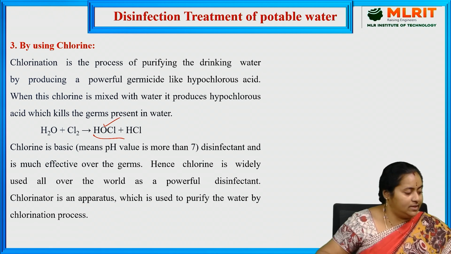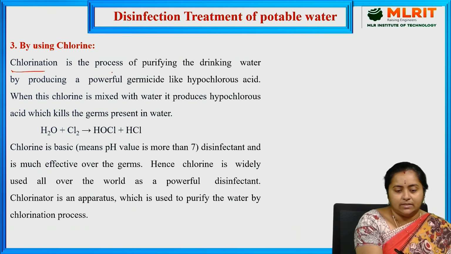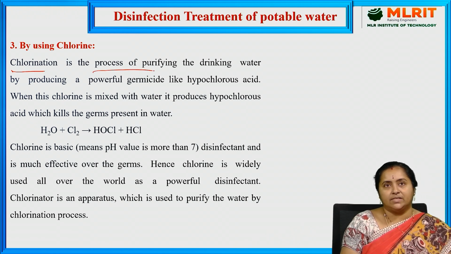So, let us see what is chlorination. Chlorination is defined as the process of purifying drinking water by producing a powerful germicide like hypochlorous acid in the water. By adding some kind of disinfectants, those are able to generate or produce hypochlorous acid in the water body itself.